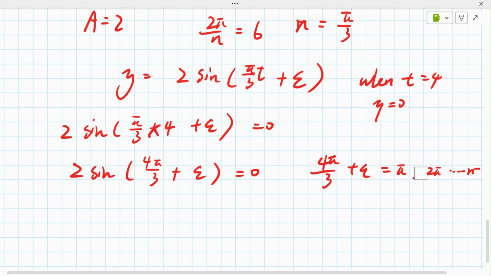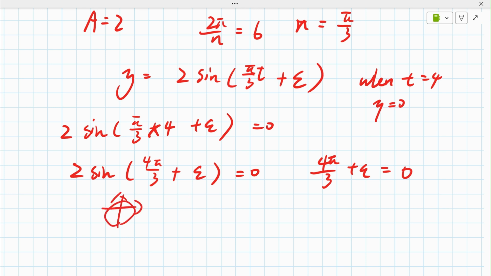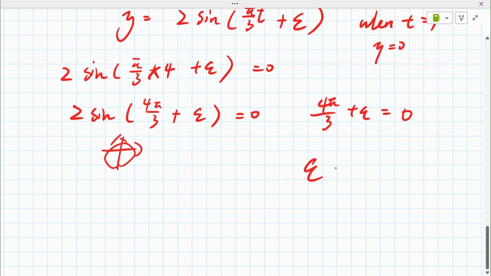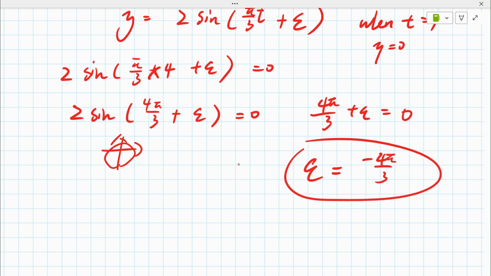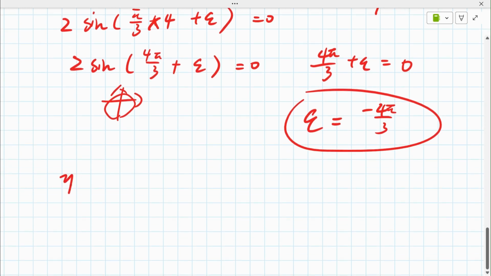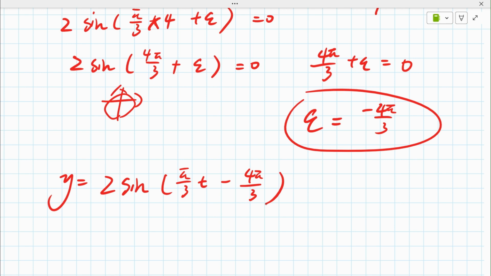So we can just use that, equal to 0, because remember you start from 0 and sine equals 0, from the unit circle. My mistake. So phi equals negative 4 pi over 3 straight away. Later on, your graph will be pi over 3 t minus 4 pi over 3. That's it. That's your properties.